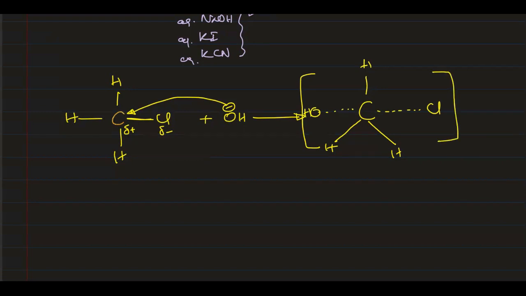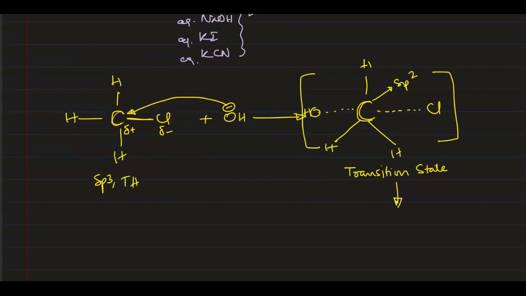This particular species which is getting formed is called the transition state, or transition species. This cannot be isolated, and in this transition state the hybridization of carbon is expected to be sp2, whereas in the reactant it is sp3.